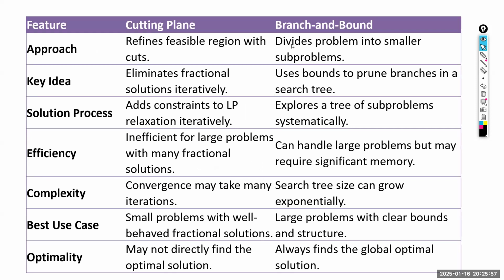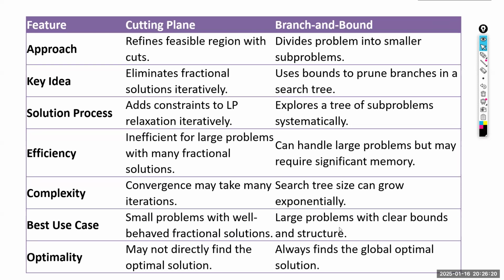So this is sort of a comparison between the two approaches. The cutting plane method is good for small problems with well-behaved solutions, but the branch and bound method is good for large problems.